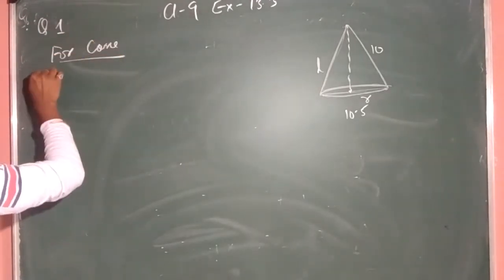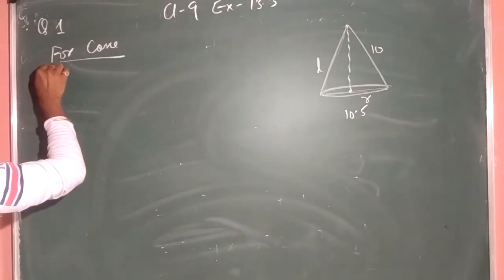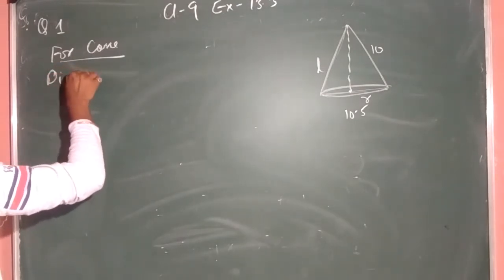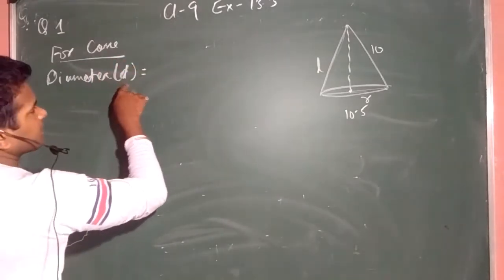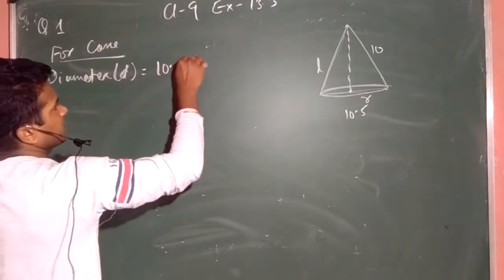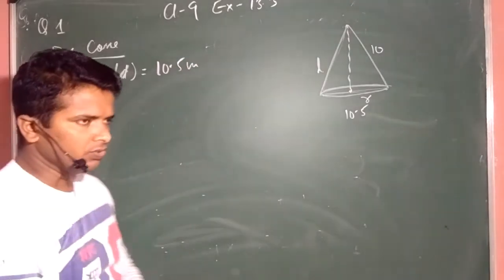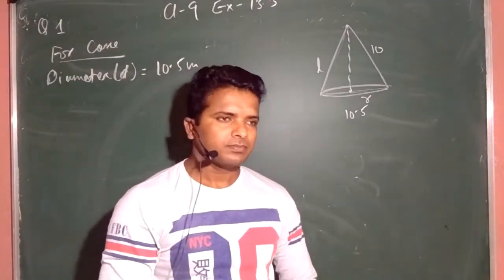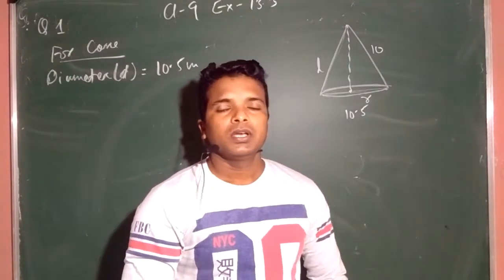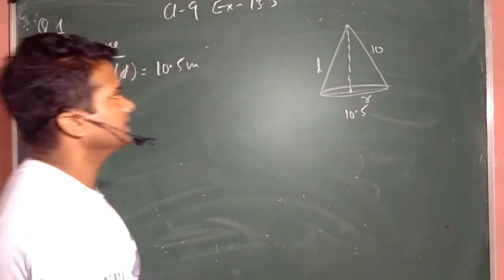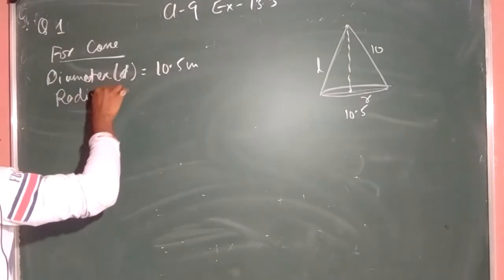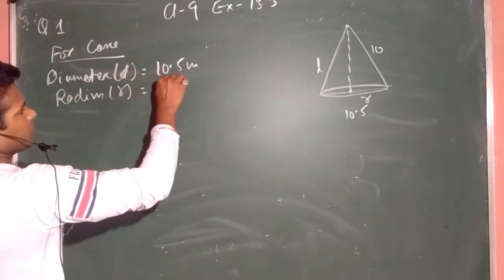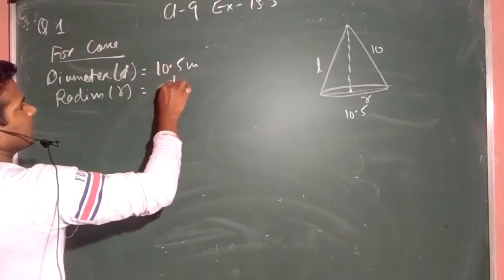For the cone, radius or diameter? Diameter D is given as 10.5 centimeters. But diameter is of no use in the solution, we need to find the radius. So radius is equal to D by 2.